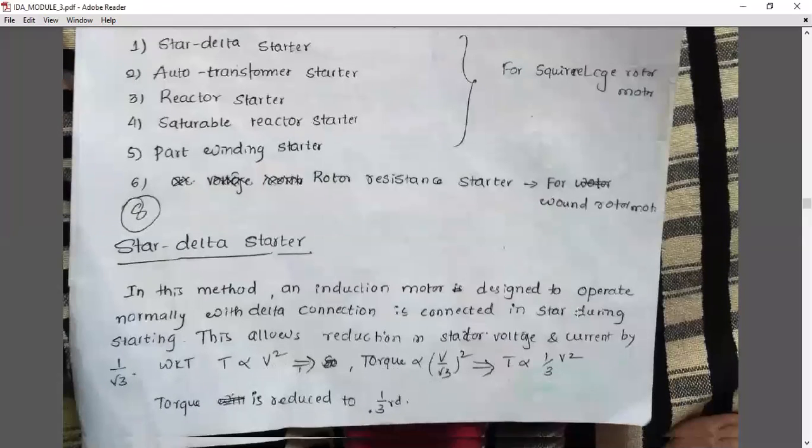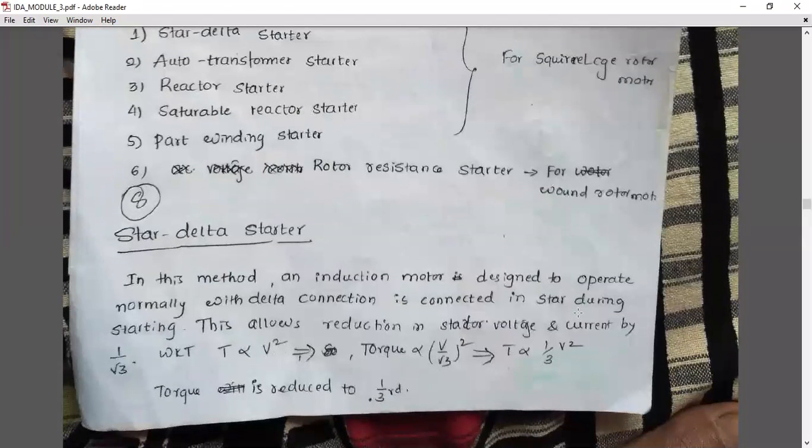Star delta starter means what? In this method, an induction motor designed to operate normally with a delta connection is connected in star at the start. Why? To reduce the starting current.